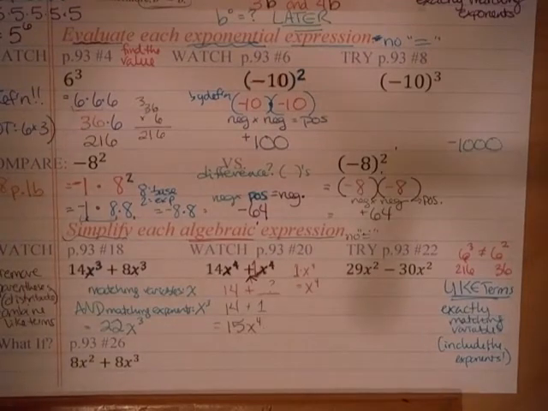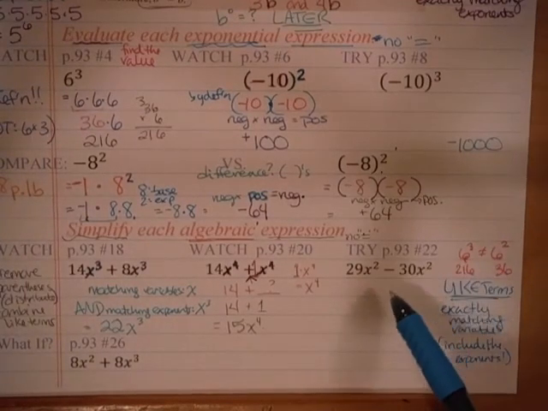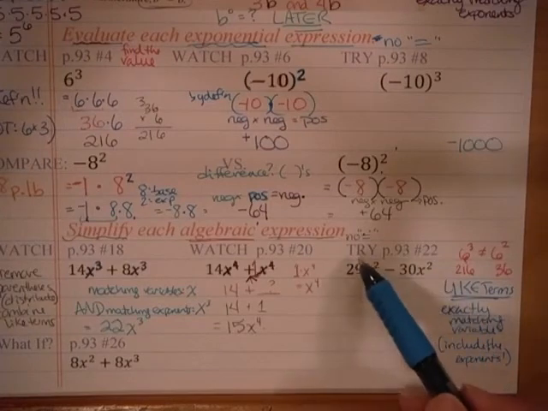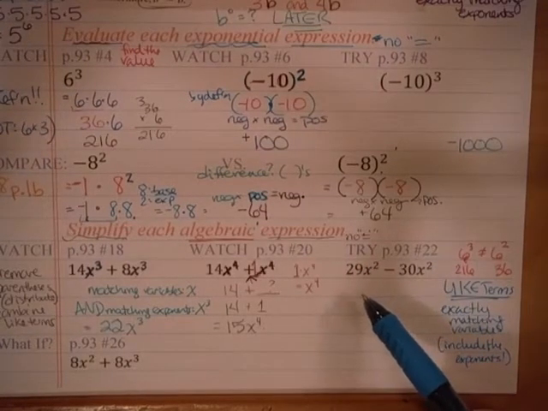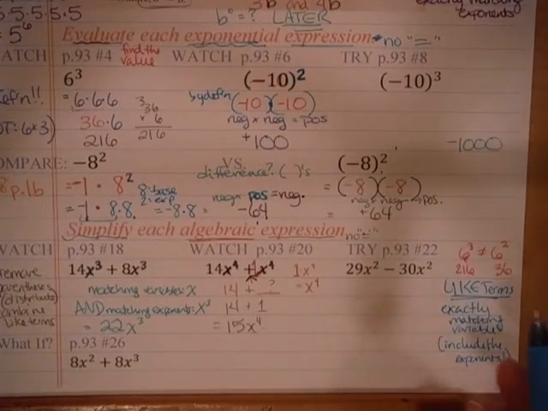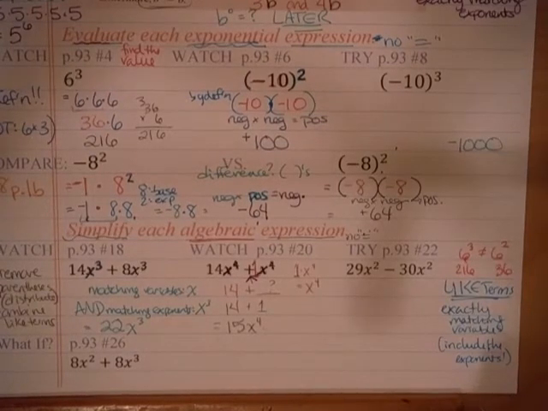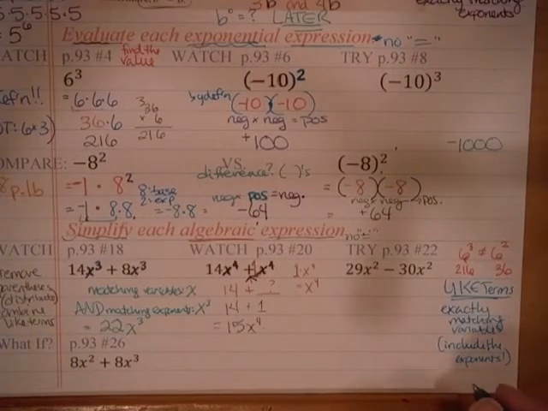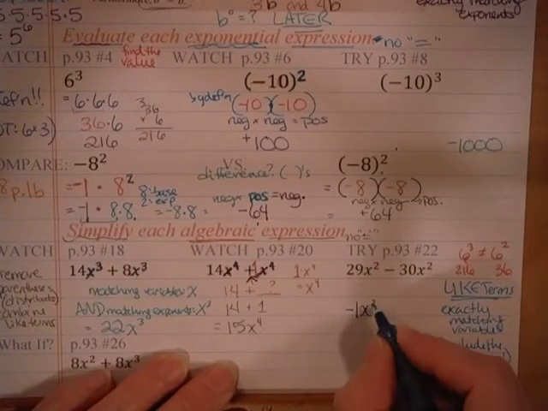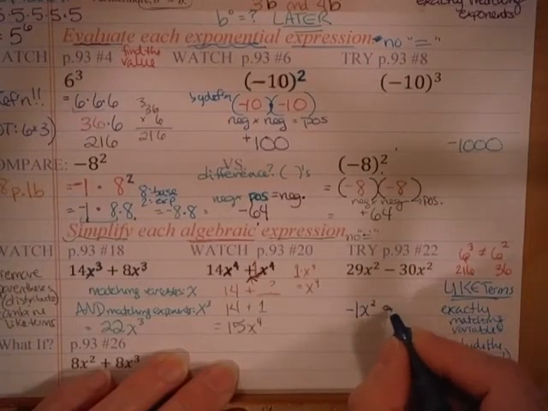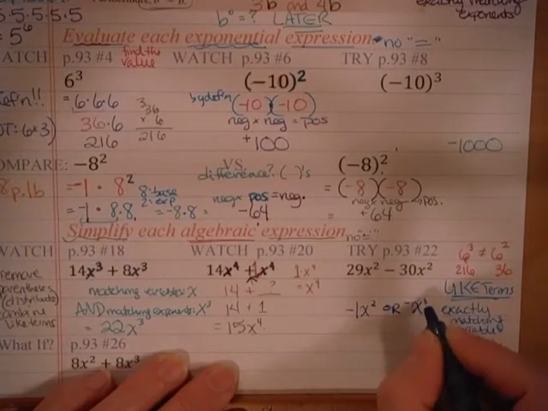Okay. All right, you try number 22. Again, I pushed you a little bit and I made number 22, the try problem, a little bit more challenging, okay? So try that and we'll see how you do. Press that pause button and come on back for the answer. Okay, so for number 22, you should end up with negative 1x squared, or you could write that as just plain old negative x squared.